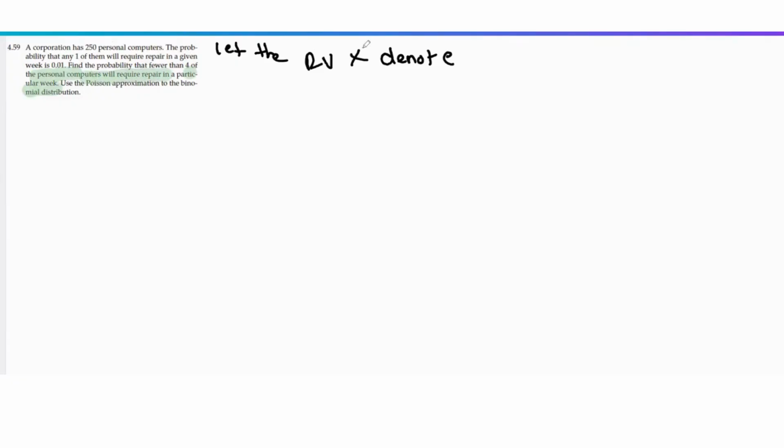This is how we'll define a random variable x. So the random variable x denotes the number of computers that will require repair in a particular week.